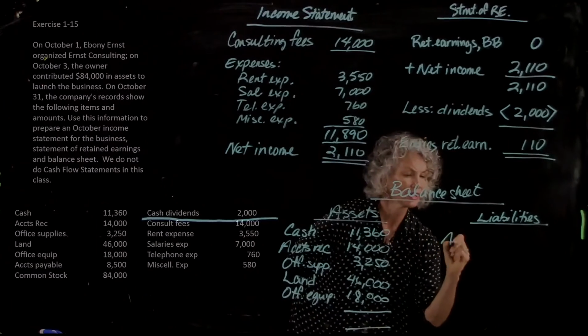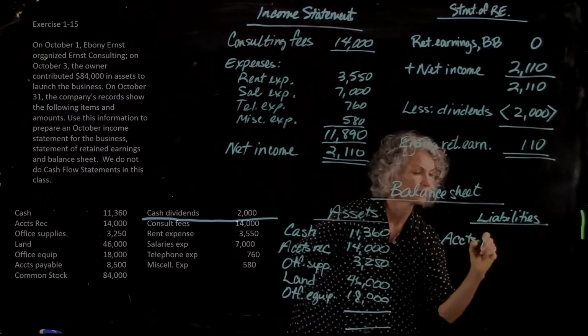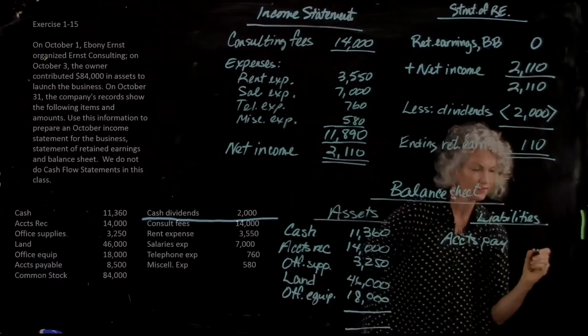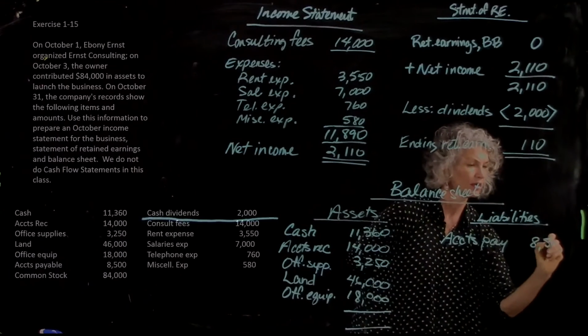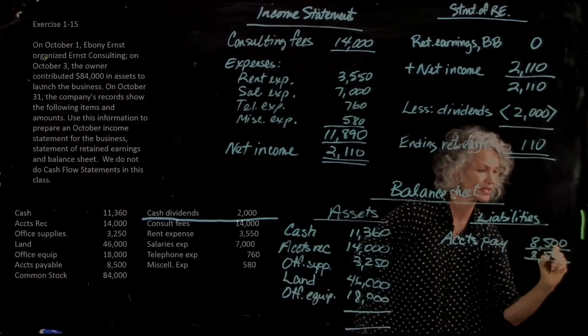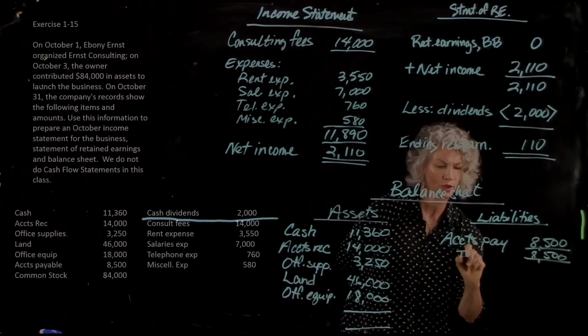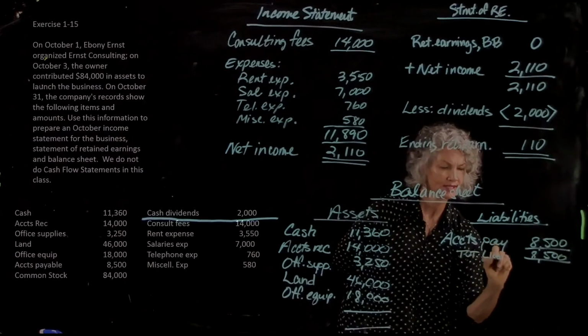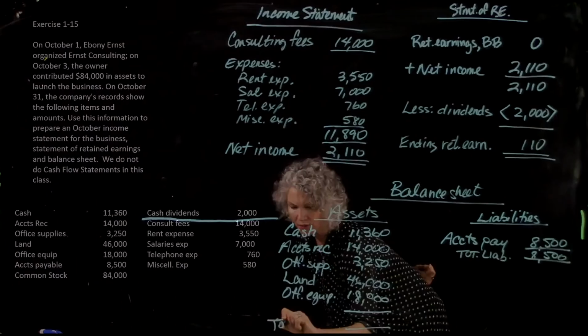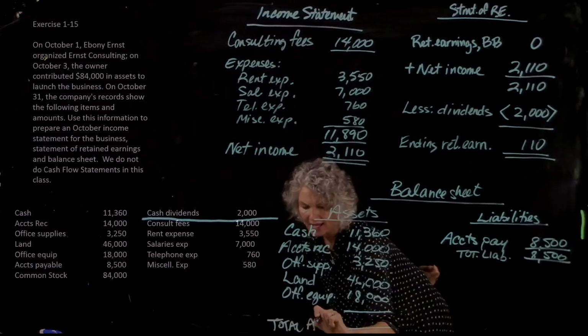So I'm going to put accounts payable 8,500. And I am going to show that as a subtotal for total liabilities. Just like this is going to be called total assets.